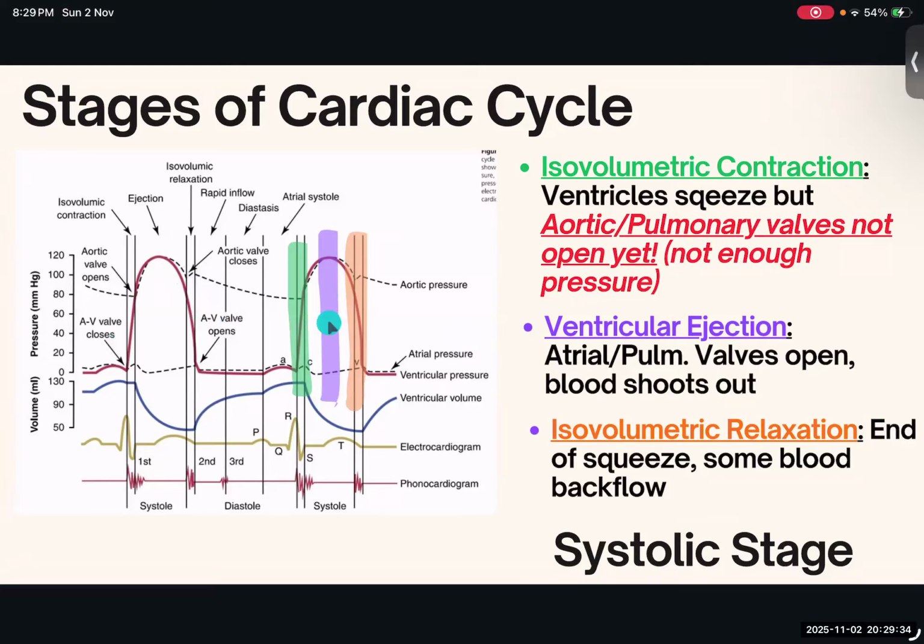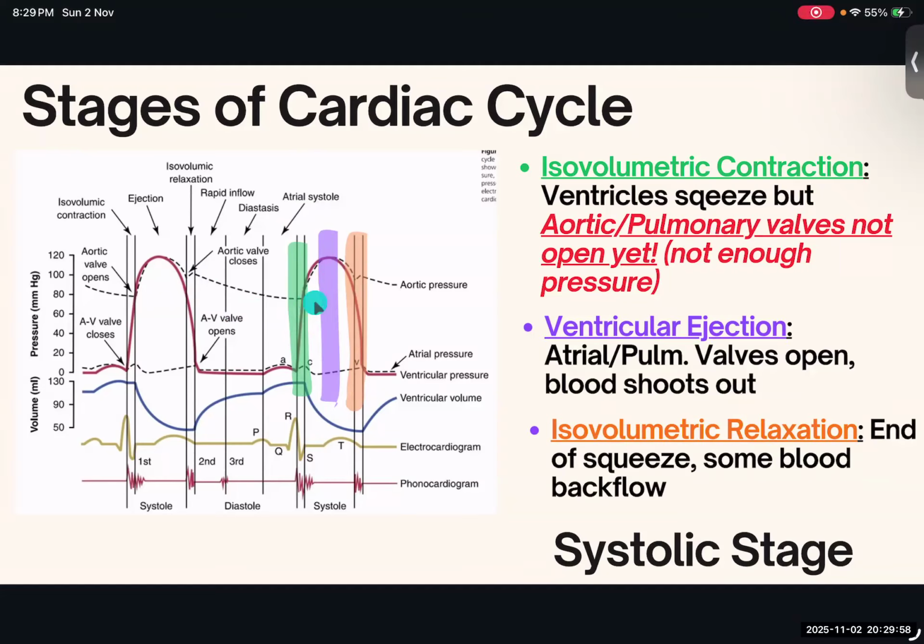Now here, the aortic valve, even though Dr. Moni did not touch upon this, this is a very nice way to tie together the systolic stage of the cardiac cycle. Here we see in this dotted line, okay, this is the aortic valve. Is it open? Is it closed? In isovolumetric contraction, the valve is not open yet, okay, because it has not reached the threshold pressure.